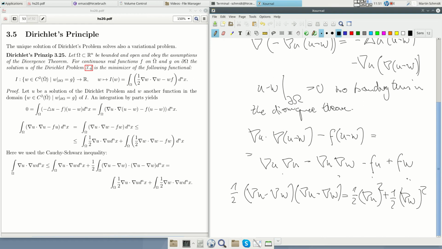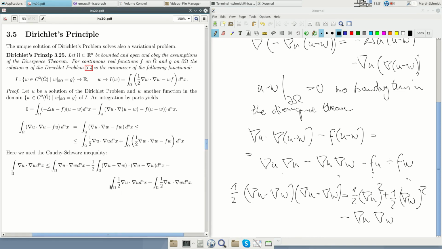And what are the mixed terms? We get gradient w times gradient u with a minus, and the same reversed, but it's abelian, so we have minus gradient u, gradient w.